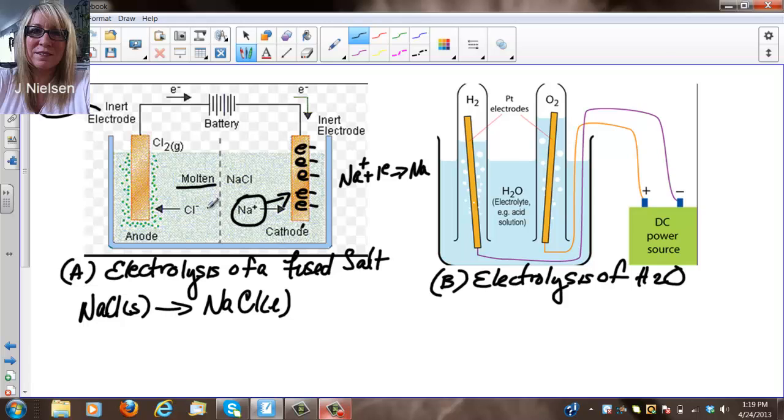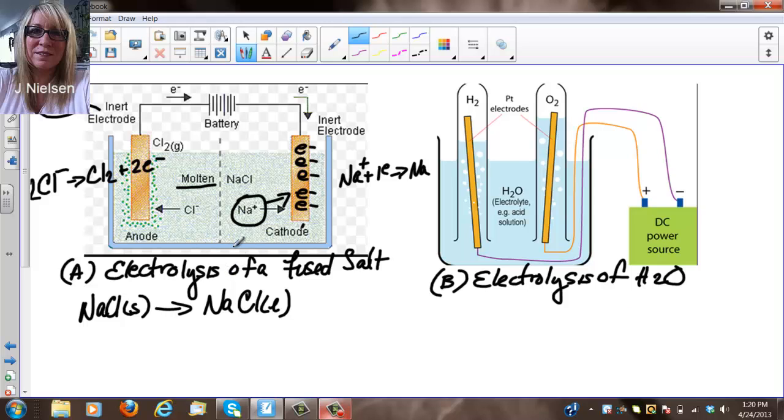The chlorine, okay, you have chlorine minus going to Cl2 gas. So this has to be 2Cl minus to balance, plus 2 electrons over here. So your anode is oxidation. So this is electrolysis of a fused salt.